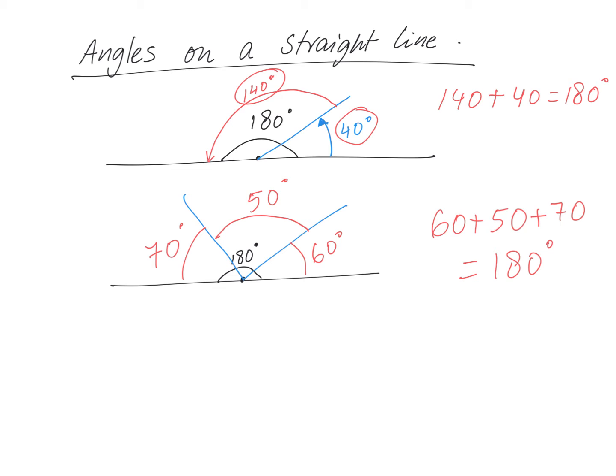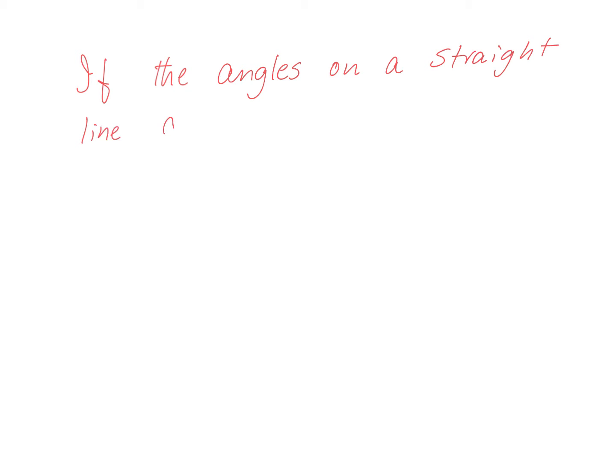So from here, we come to a conclusion that if the angles on a straight line are called A and B, we can write a rule.